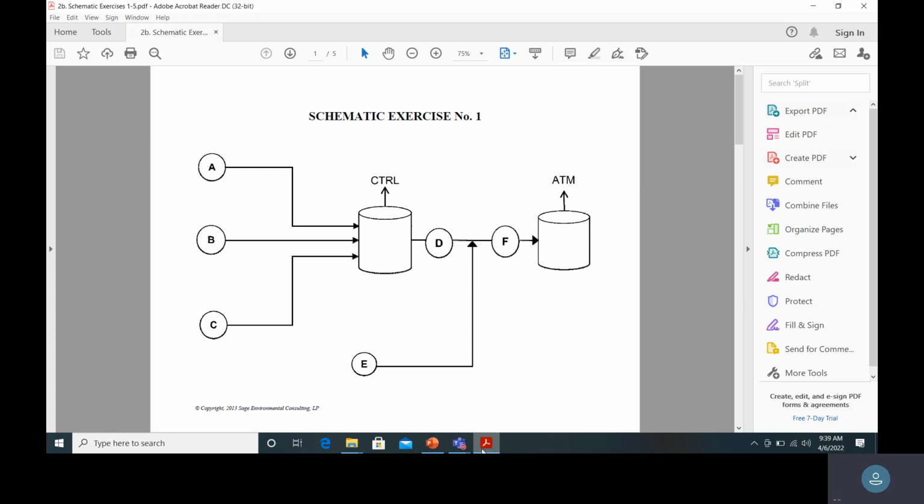So you added this, instead of just being a tank, you converted that into a stripper. And D went from 30 ppm to 2 ppm. So benzene is being stripped out there.